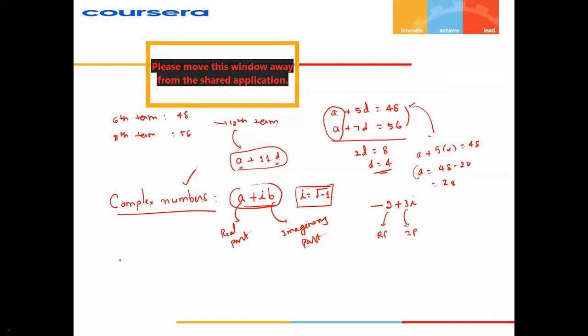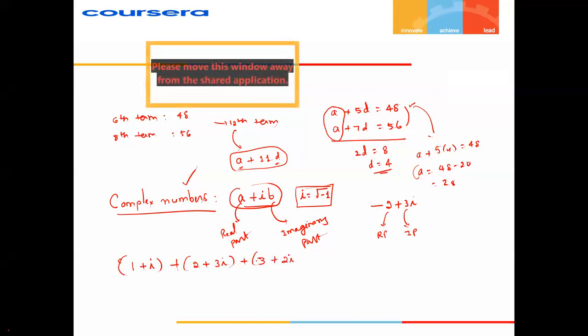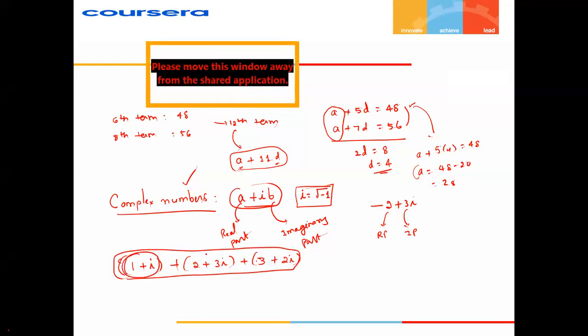Suppose I ask a simple question: what is the real part of this sum? If you see here, each of these is a complex number, a plus ib, and this is the addition of numbers, 1 plus 2 plus 3 kind of thing. But how to add complex numbers? Very simple.